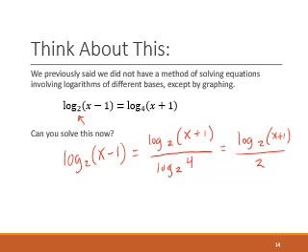And now we've got to get rid of this 2 before we can solve the equation. So let's multiply both sides of this equation by 2. That means you're going to have a 2 over here, and on the other side, the 2 goes away.